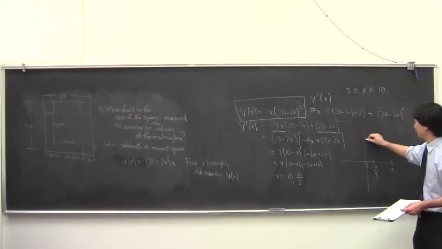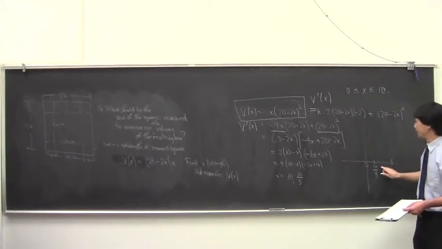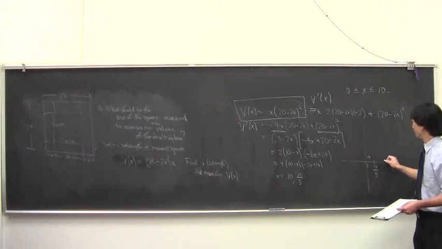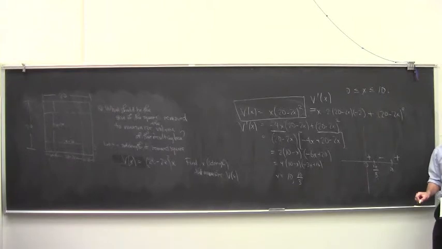So you know it's going to be like this. So it's positive here, and it's negative here, and it's positive here. So that tells you that your function is increasing up until this point, and then decreasing afterwards.